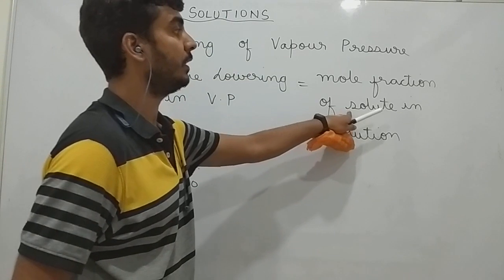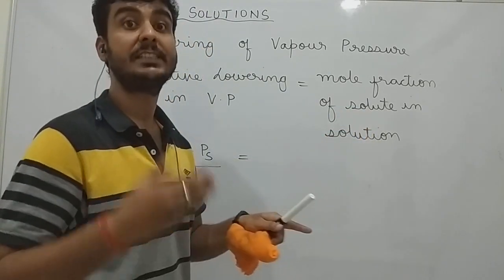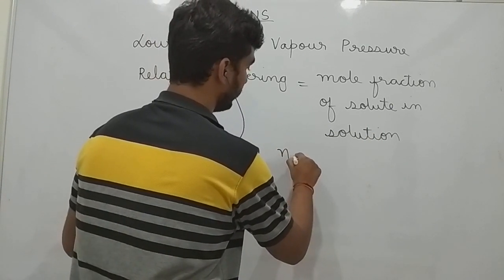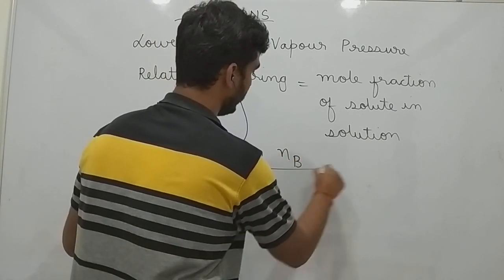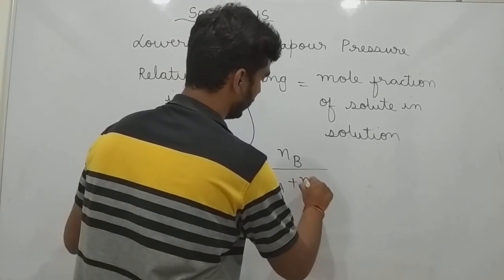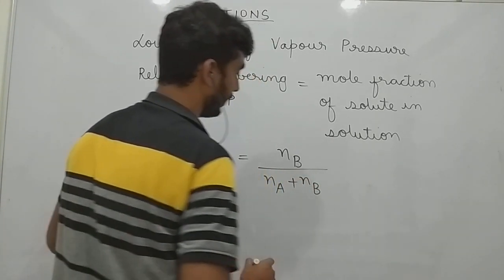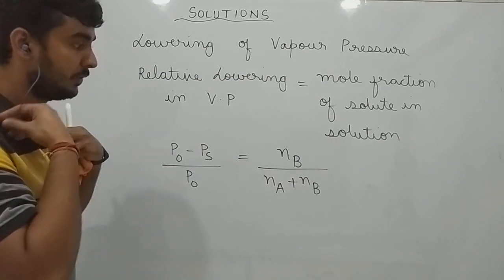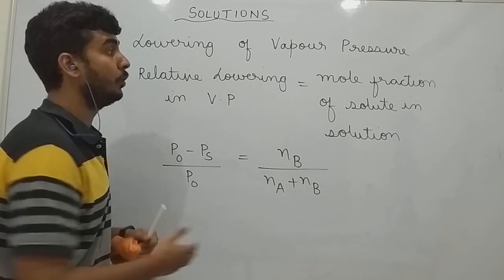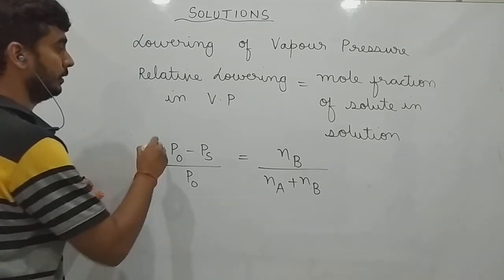Here we want the mole fraction of solute, which is B. So it is the number of moles of B divided by the number of moles of all the components. As A and B are the only two components, we divide by the sum of the number of moles of A and B. This is how you get the mole fraction of solute in solution.